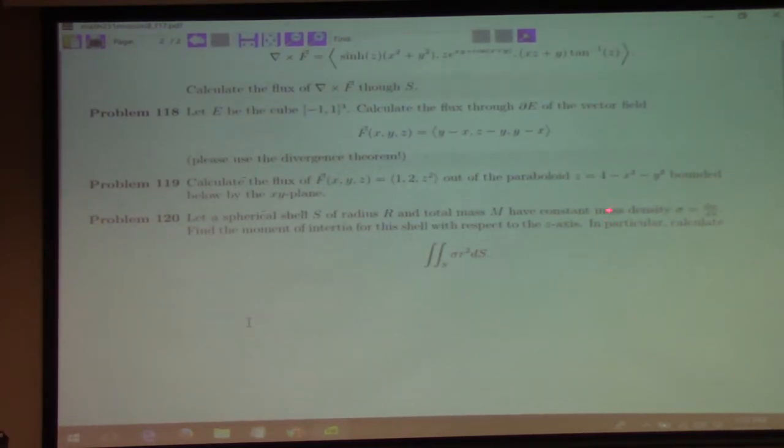Yeah, constant. And I think what I'm seeing is I would get r to the 4th, I want to say sine cubed of phi times d phi d theta, phi integrated from 0 to pi, theta integrated from 0 to 2 pi. In short, this dS we've calculated before in the notes, right?